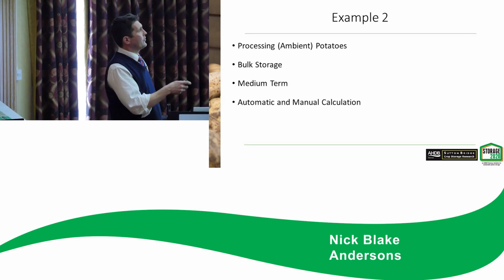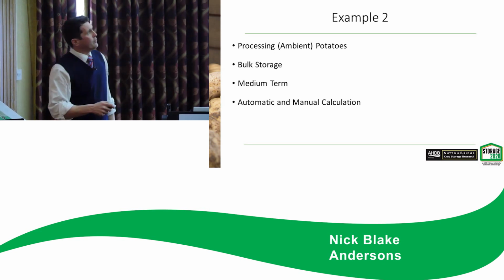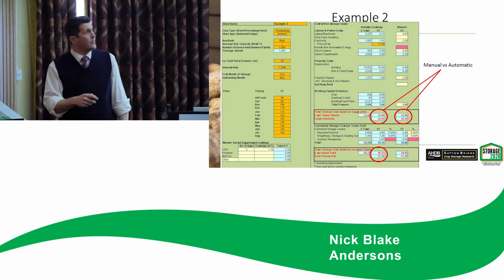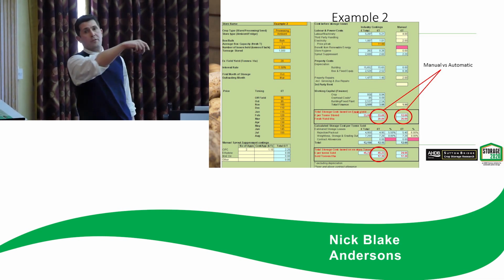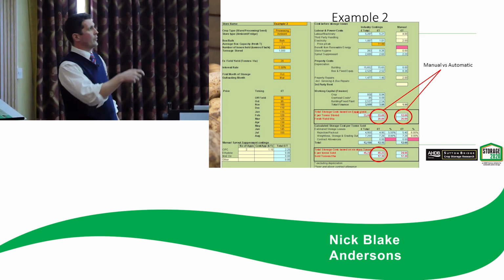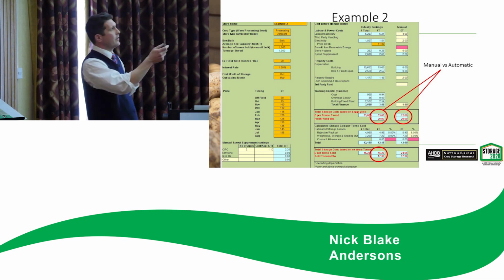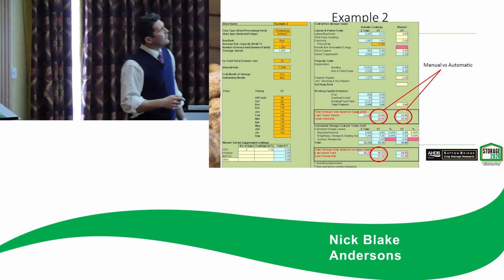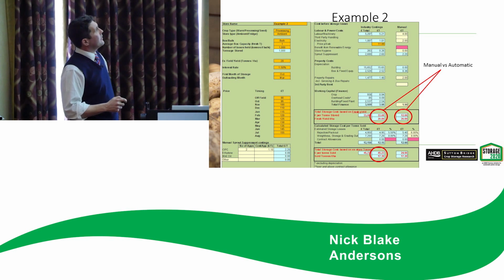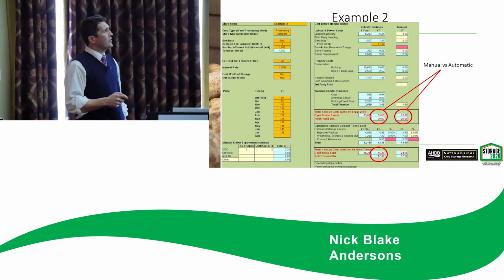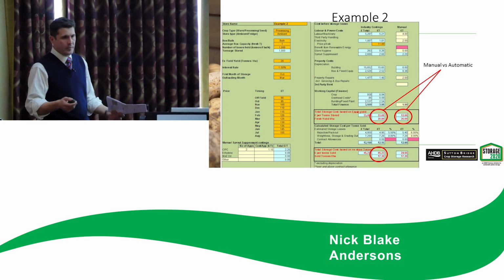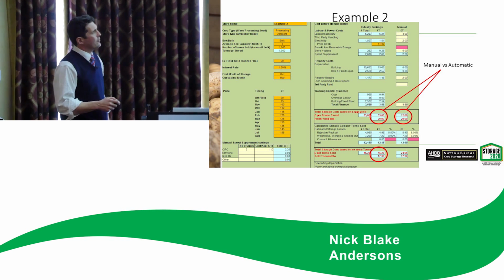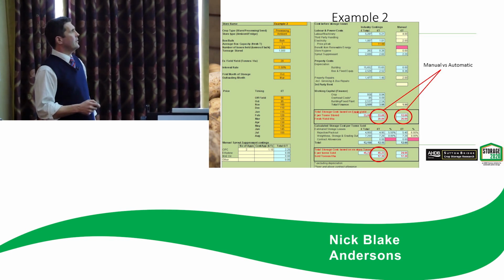And what we wanted to just show in this example was the difference between the industry costing and how one might approach it if you were wanting to understand your own costings in front of the model. So again, it's a processing crop, ambient stored, bulk potatoes, 1,000-tonne bulk store, 20 tonnes a hectare fresh yield, saleable yield at harvest. Again, interest rate 1.5%, and October to March storage.